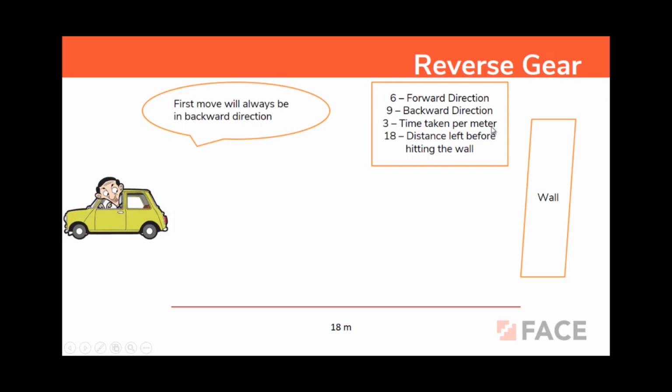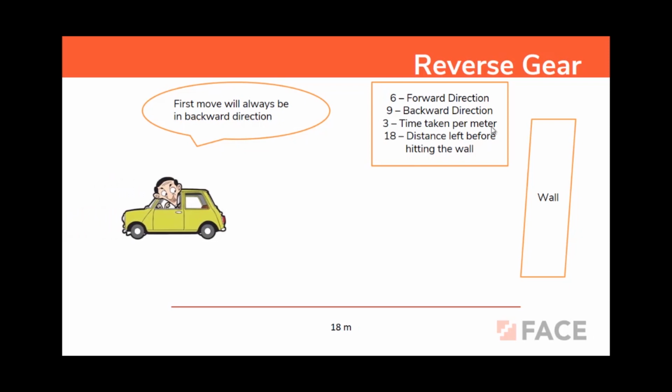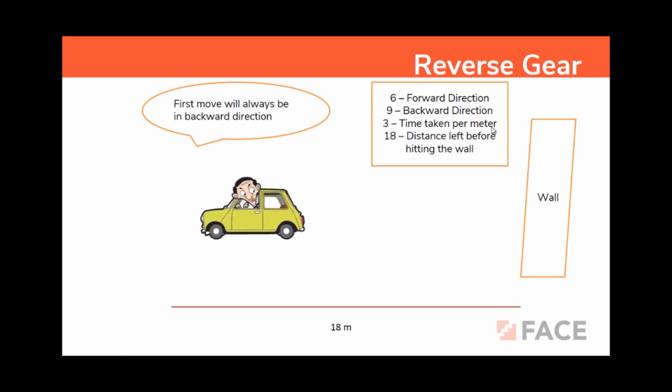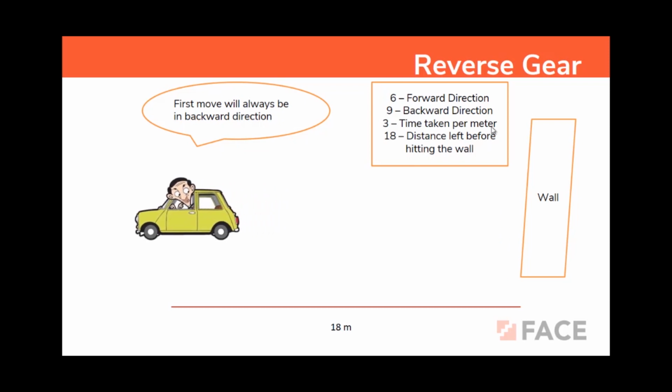Let's check how this reverse parking is happening. First time when Mr. Bean moves 9 meters backwards, he will still have 9 meters more to park his car properly. But he can't move 9 meters backwards because he will have to again take a forward of 6 meters. So from his current position, he has moved only 3 meters backwards.